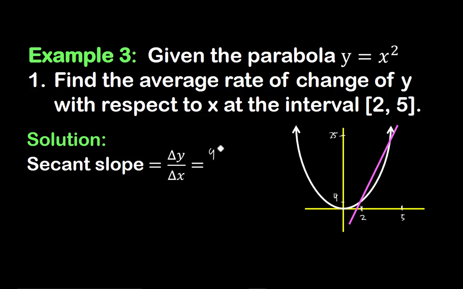So that's y of 5 minus y of 2 over 5 minus 2. So that will be equal to 5 squared minus 2 squared over 3. So that's 25 minus 4, so 21 over 3. You have 7. So the slope of this line secant to the curve y is equal to x squared would have a slope equal to 7.